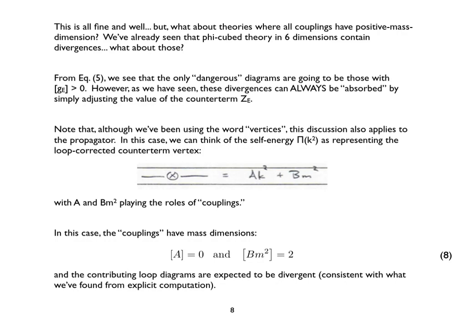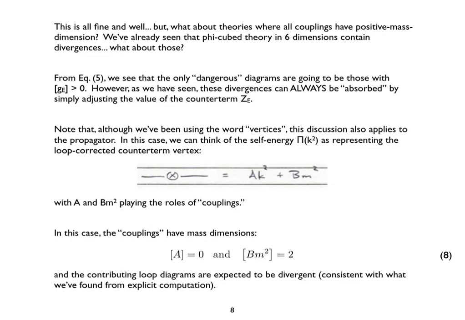And we've been talking about vertices, so number of legs greater than 3, but the same argument applies to the 2-point function, which you can actually think of as a vertex. It's a 2-point vertex, right? And you look at the counter term.